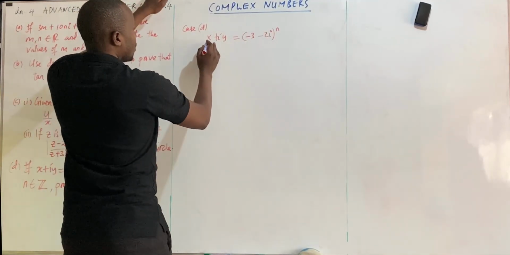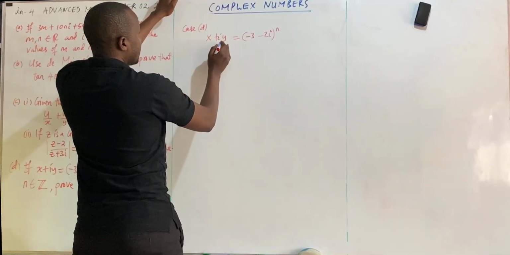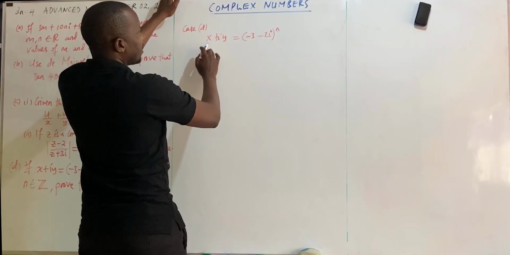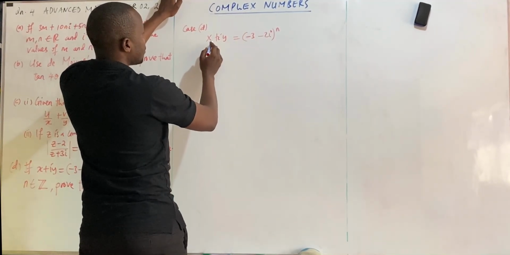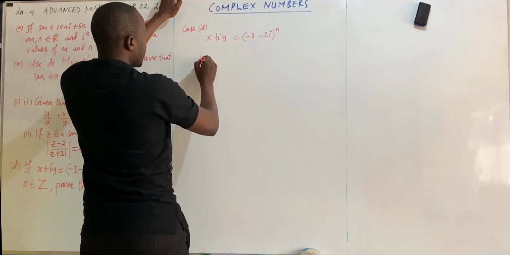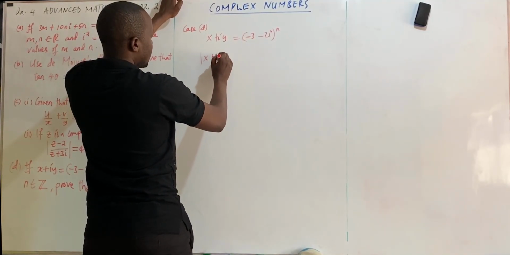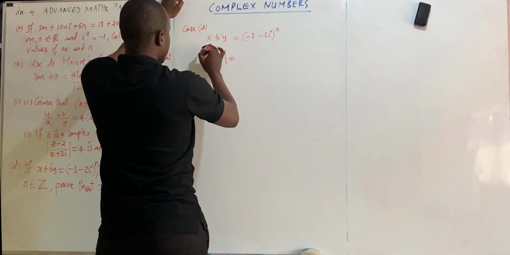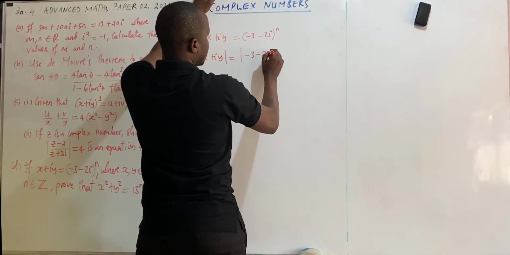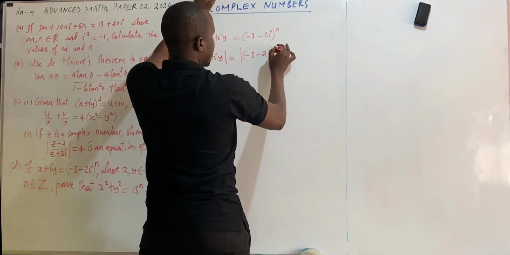If we find the modulus, as you remember, the modulus of a complex number is the square root of the square of the real part plus the square of the imaginary part. So the modulus of x + iy is the same as the modulus of (-3 - 2i) raised to n, which is the same as the modulus of this complex number, then raised to n.